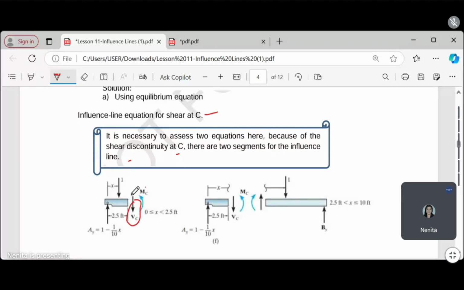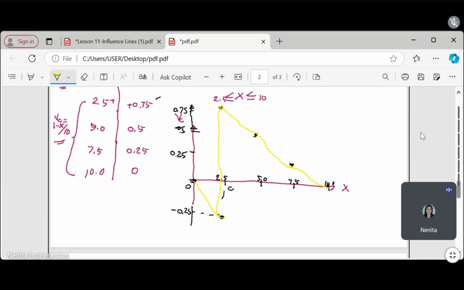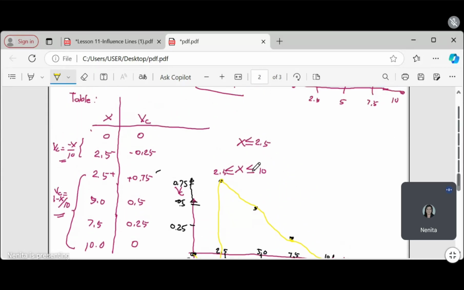So we cut here and we see the shear. The range is x greater than or equal to 0 and less than 2.5.